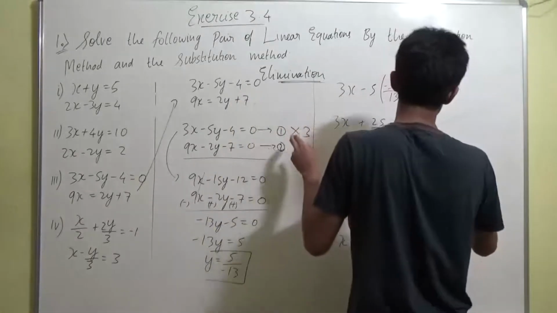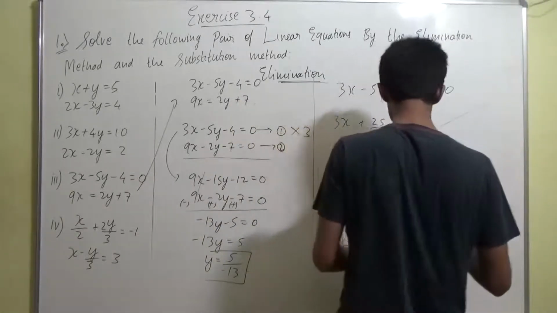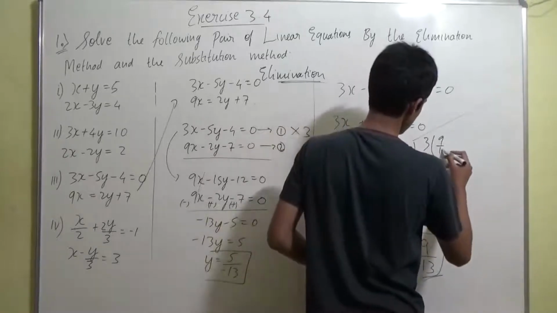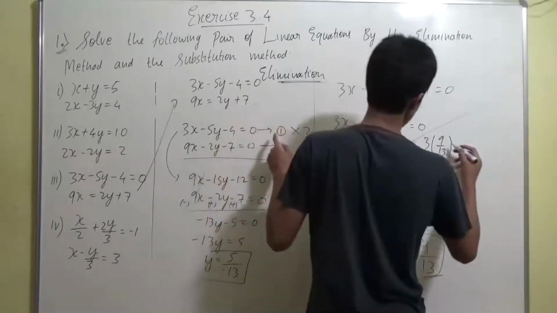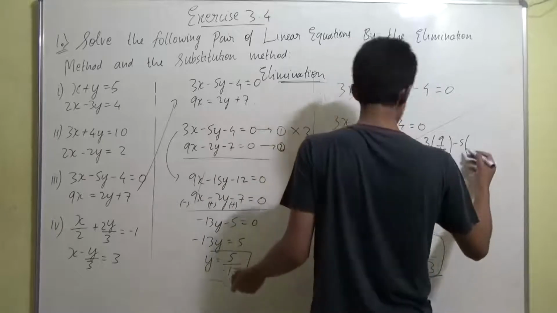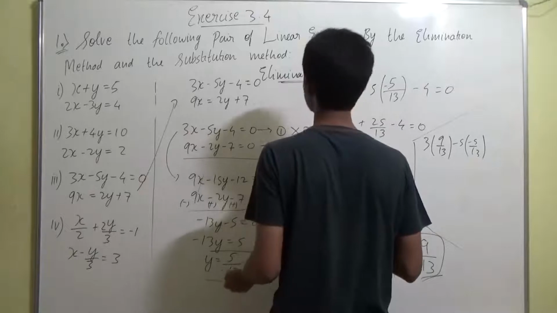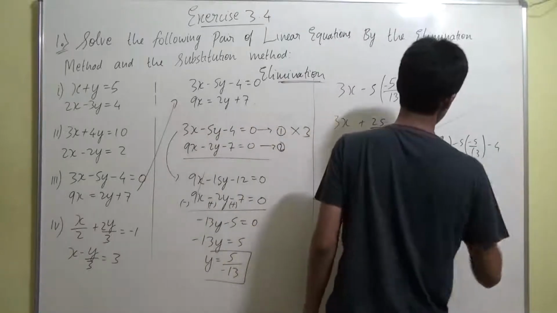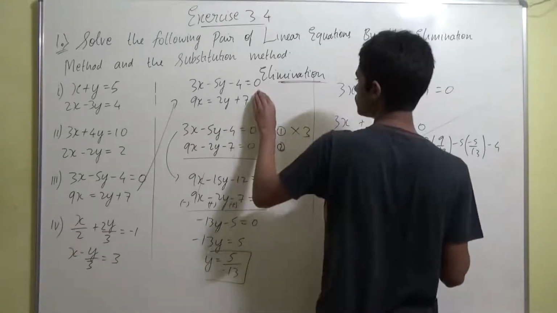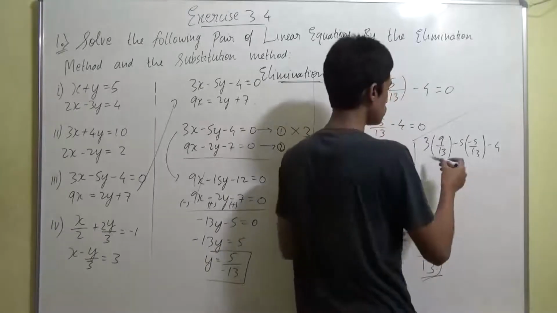Let's take this equation 3 into x value. X value is 9 by 13, right? And the value of y is minus 5 by 13, and then minus 4. Right, now we have to get this value as 0, because in the RHS you are going to get 0, which means in the LHS also you have to get 0.